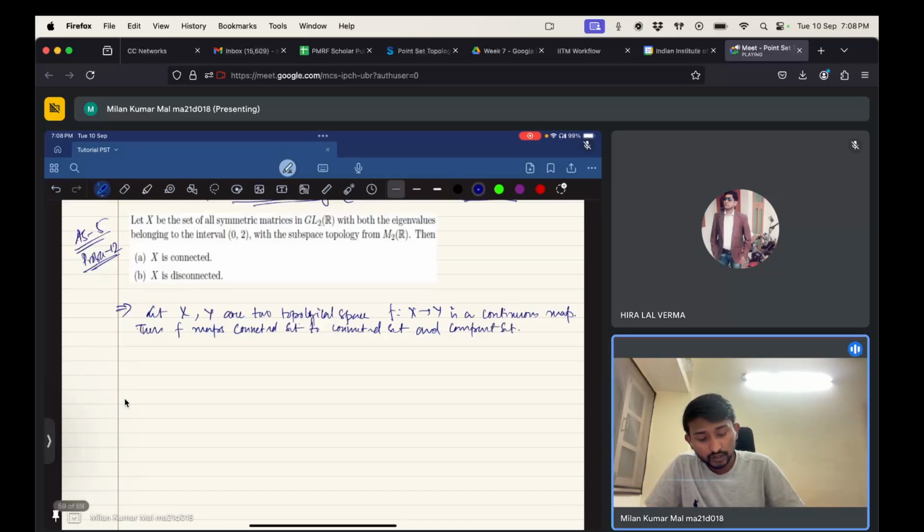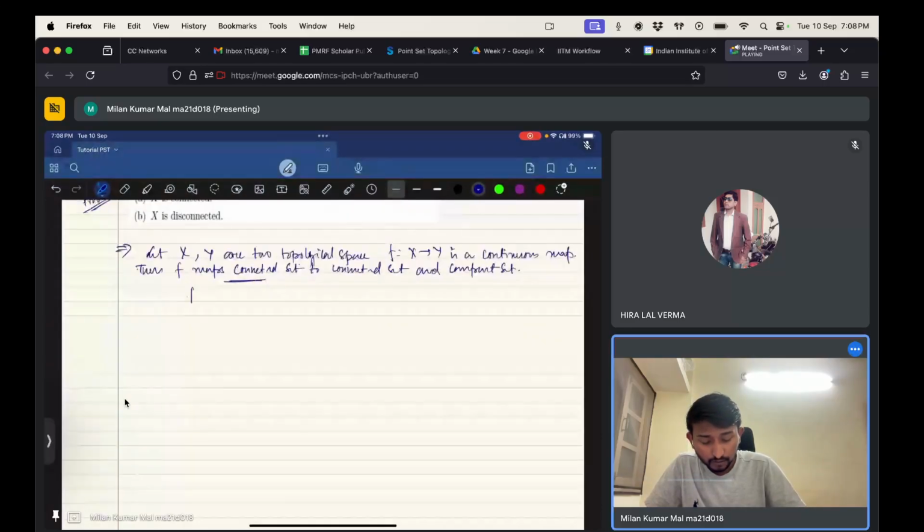How does this connected set statement happen? Suppose f(X) is sitting inside Y, where I have to prove that if X is connected, then f(X) is also connected. If f(X) is not connected, then I can write f(X) as the disjoint union of U and V. That means there exist two open sets U and V such that their intersection is empty.